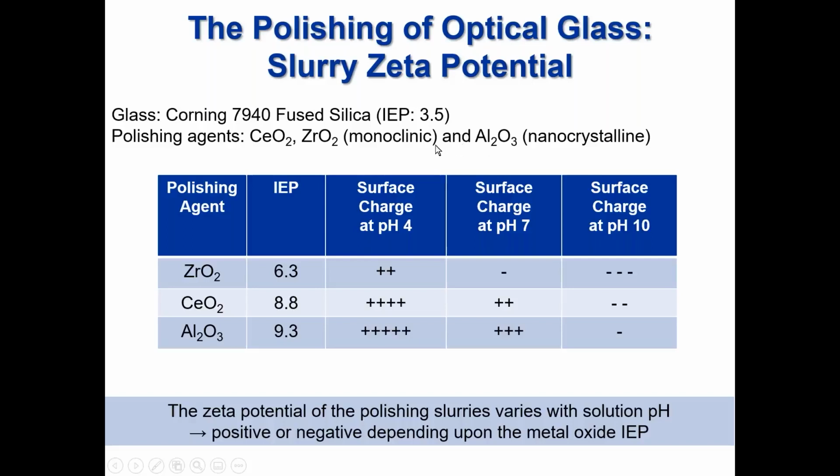And the table just shows the qualitative surface charge state of each material in acidic, neutral, basic water, determined from zeta potential measurements. As expected, the zeta potential of the polishing slurries varies with the solution pH and is either positive or negative depending on the metal oxide IEP. So we see zirconia at pH 10 is highly negative, and alumina at pH 4 is highly positive.